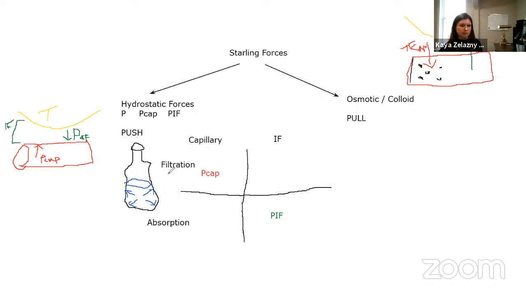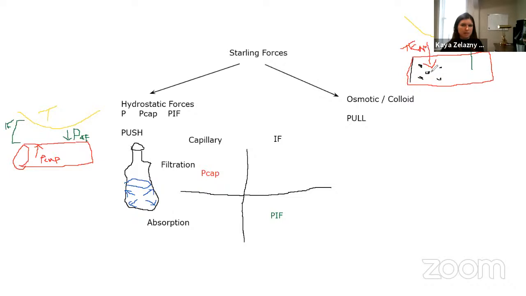Now we want to put them on the filtration versus absorption spectrum. So we're still just thinking about the directions of those arrows, so we can match them up, because we have the pressure of the capillary, the pressure of the interstitial fluid. So now we're just going to look at those arrows. Whenever we have a pi, that's a pull being exerted on water by proteins.